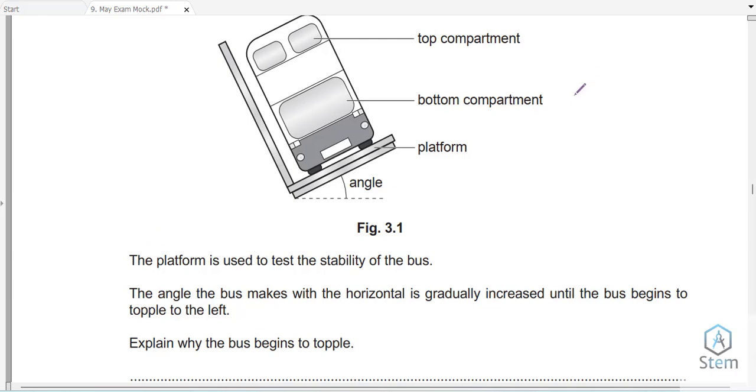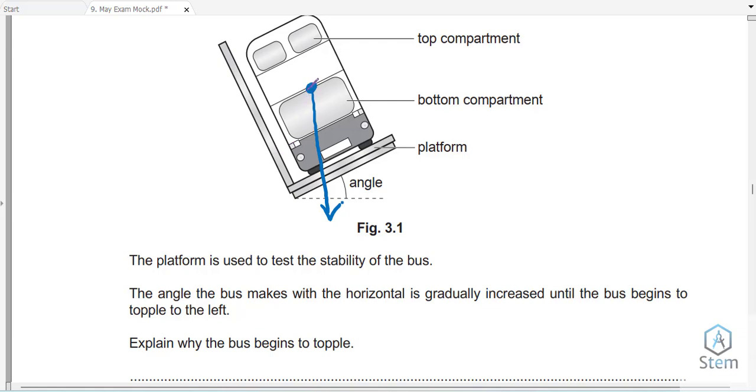When it comes to stability, if the center of mass is the line of action of the weight which starts acting at the center of mass, if it comes through the inside of the bus, it will remain stable.